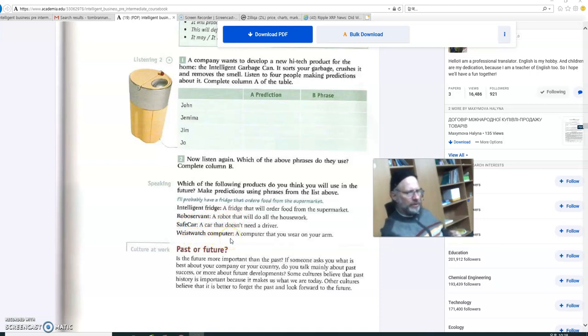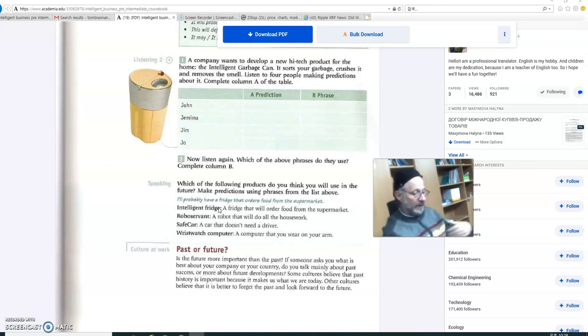Okay, so what you should do is go to page 166, and on page 166, you can once again look at the opinions that John, Jemima, Jim, and Joe give, and you can model your predictions based on how they express themselves.